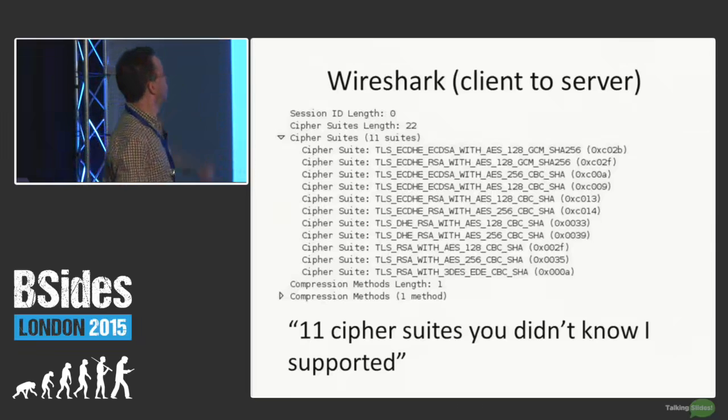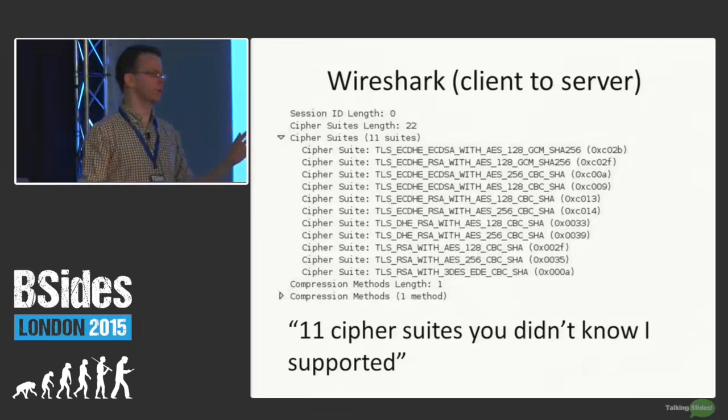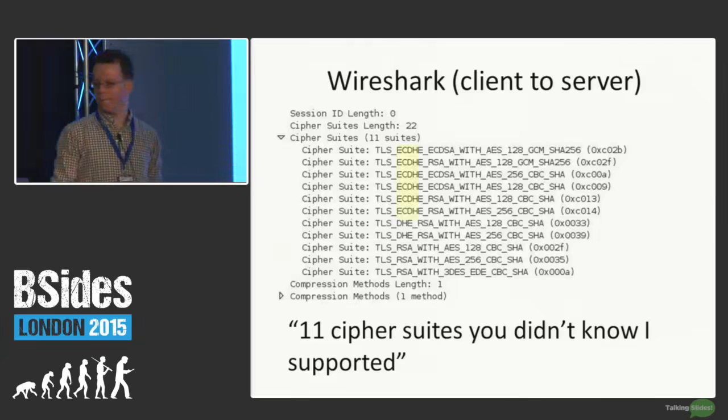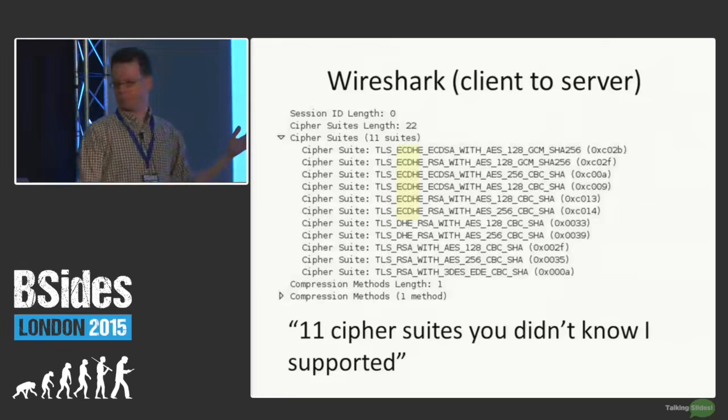So the browser tells the server, well, I know a number of cipher suites. Cipher suites are a series of algorithms, because in TLS or HTTPS you need multiple encryption algorithms for different things. And the first 6 that are listed say ECDH or ECDHE, which is the algorithm I just explained. So the client, the browser, tells the server, I support these 11 algorithms in this order of preference.